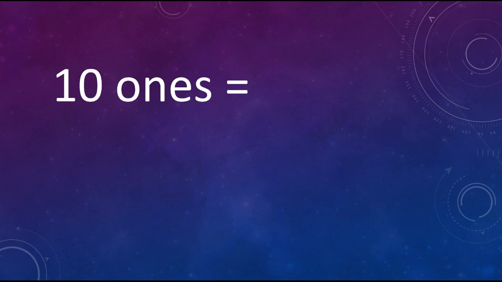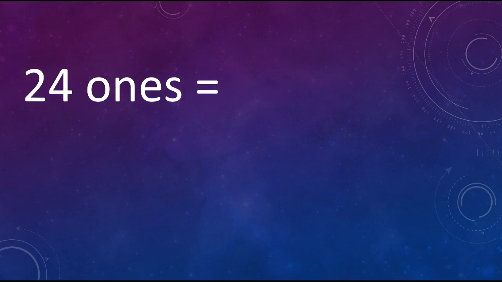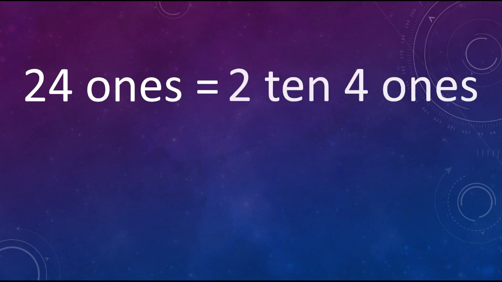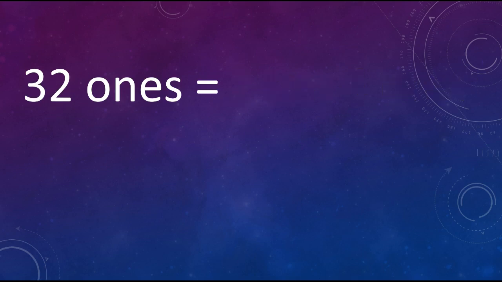Hey, we are going to turn these ones into tens. So 10 ones equals how many tens? 1 ten, very good. 20 ones equals how many tens? 2 tens, good. Here's one a little bit trickier. 24 ones equals how many? 2 tens, 4 ones.